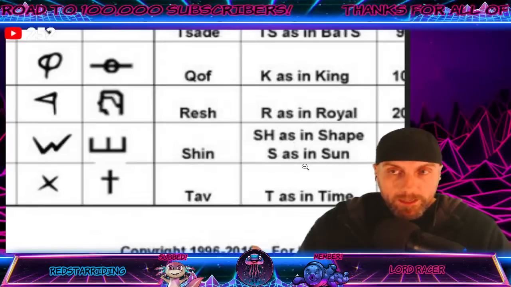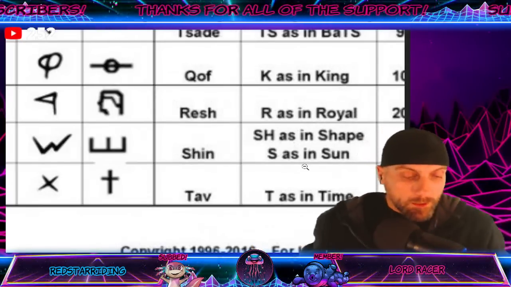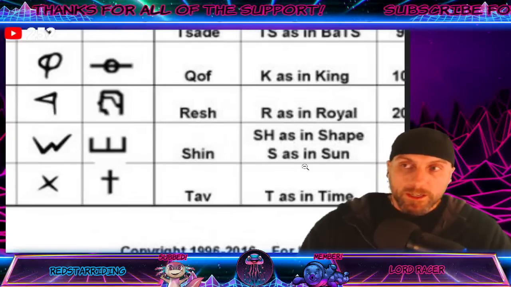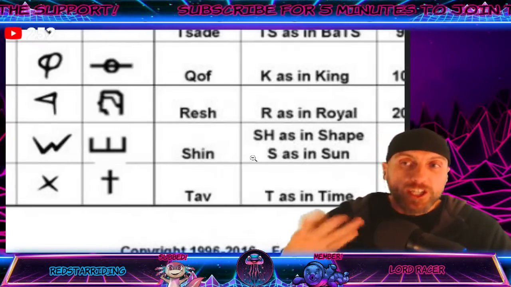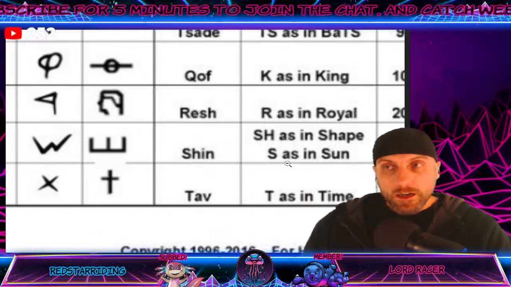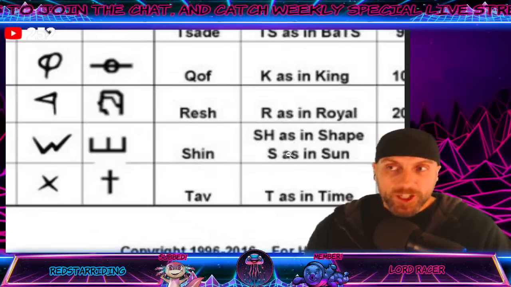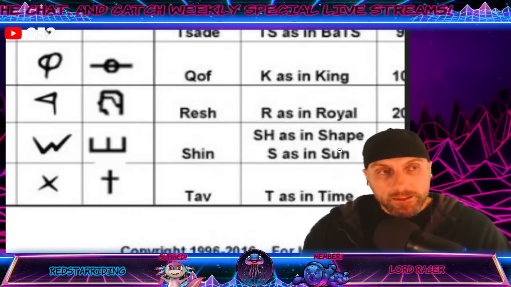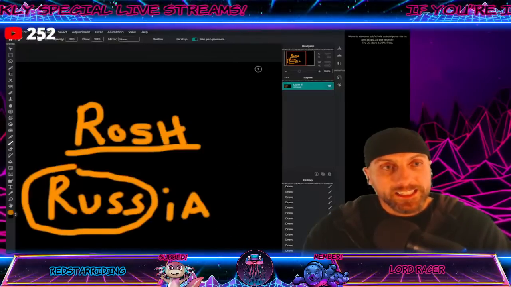Remember that one, samek, that looks like the power line or the Jed pillar that we talked about? That one's more of an S. This one originally, I believe, was more of a sh, as is evident in the name Sheen. Some people pronounce it S, some people pronounce it SH. It's all a matter of dialect and accent. But it is a picture of teeth in the mouth.